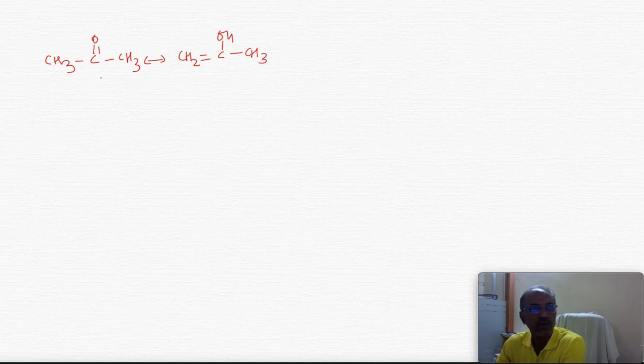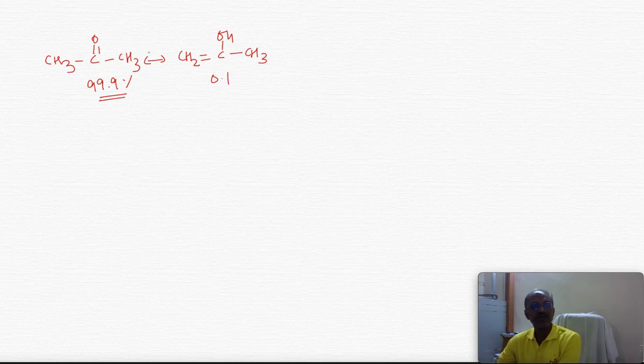Now, generally what happens? CH3 dash C double bond O CH3 gives me CH2 double bond C OH CH3. Fine. Now this is 99.9%, and this is hardly 0.1% existence, right?